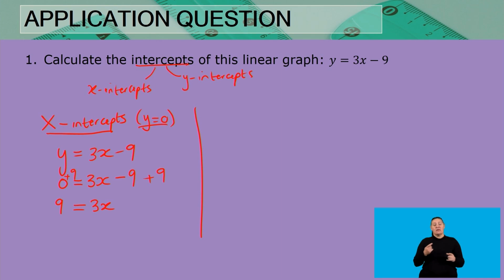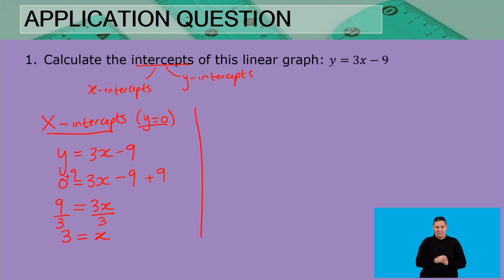Now we are going to apply the multiplicative inverse of 3, which is 1/3, and that is the same as dividing by a 3. So we are going to be left with x on the one side, and 9 divided by 3, or 9/3, is equals to 3.